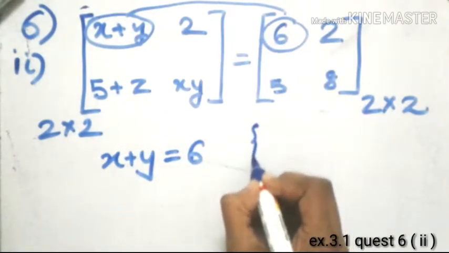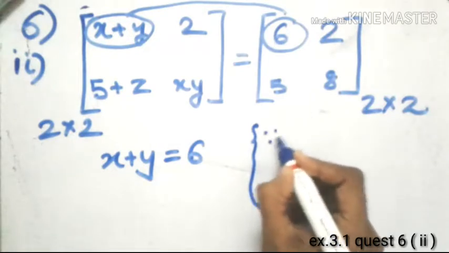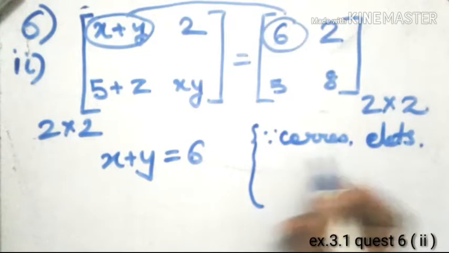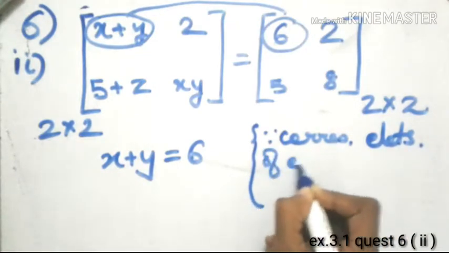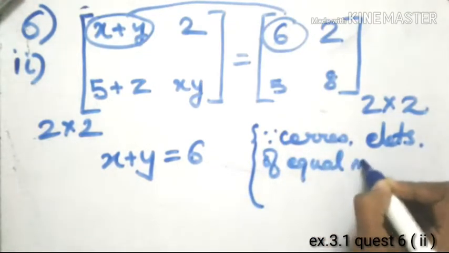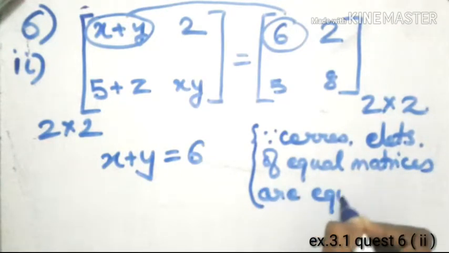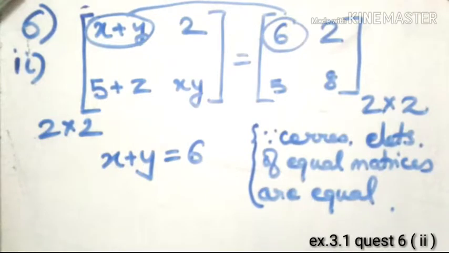The reason we can just write, I'm just using the short form, corresponding elements of equal matrices are equal. Okay. Always write the reason when you are giving the answers, because it tells the person who is checking that you know the logic.